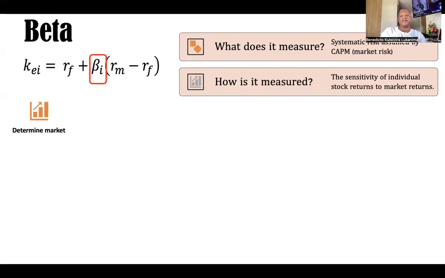For example, in this case, Ecopetrol's stock, the market is determined as the Colombian market, and the index should be Colcap. If I was estimating the cost of equity of Chevron Corporation, a US company, I could use the US market. In this case, I could say S&P 500 as the index.